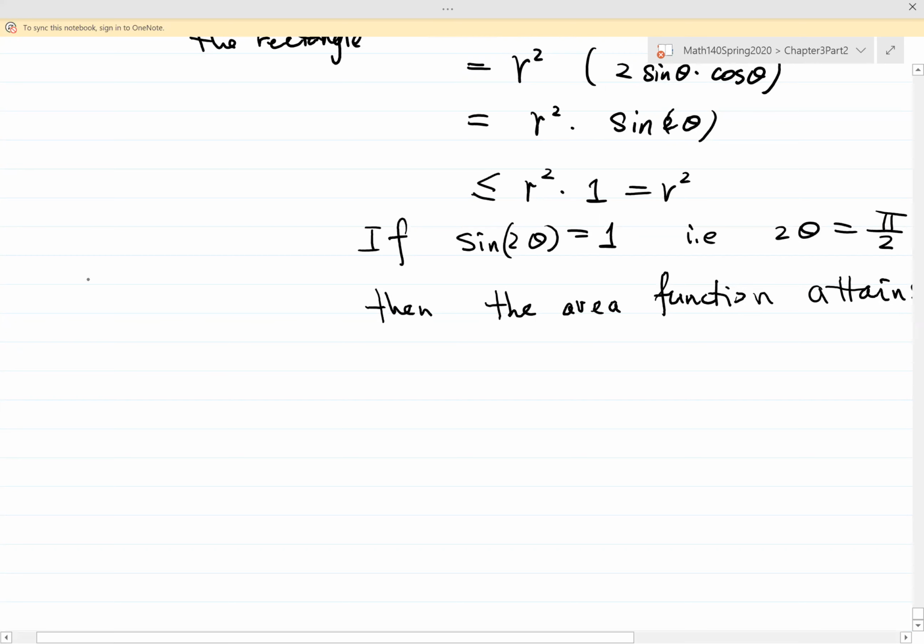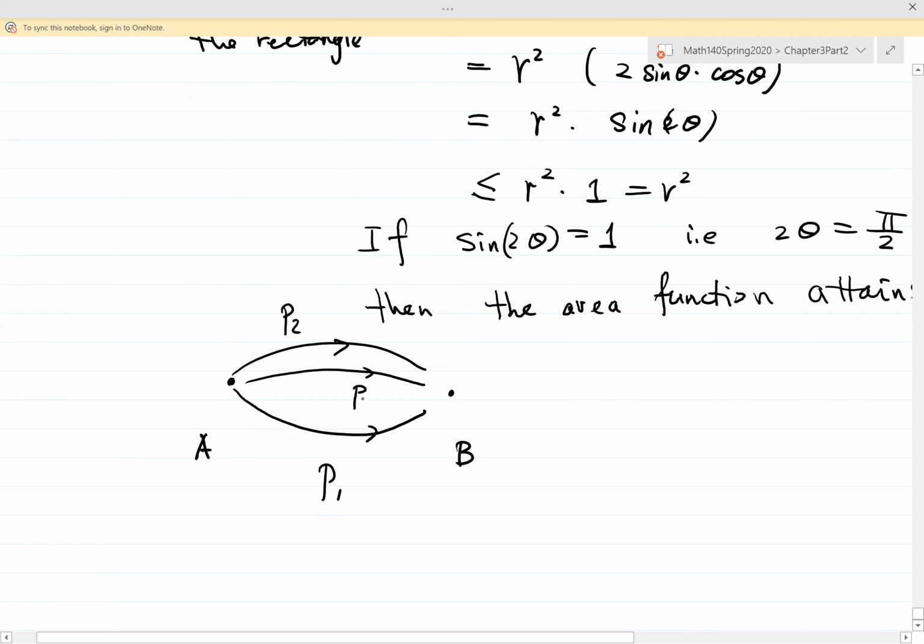Suppose we go from A to B. There are all possible ways from A to B: path 1, P1, path 2, P2, P3, etc., up to Pn.